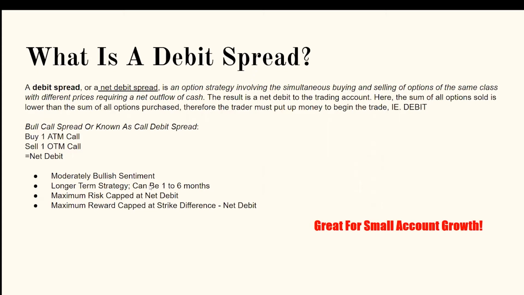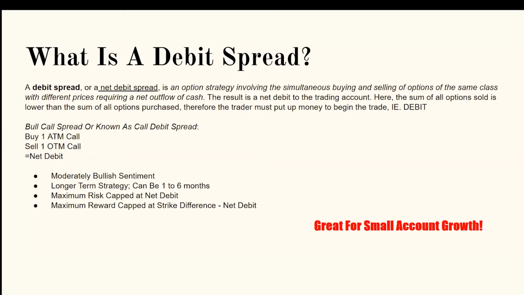Just think of it as a regular call, where you're betting the stock is going to go up, but it's limited loss and limited profit. Whereas with naked calls, you have unlimited profit potential, but you have more risk. Here are a couple of examples of call debit spreads before I show an actual chart.